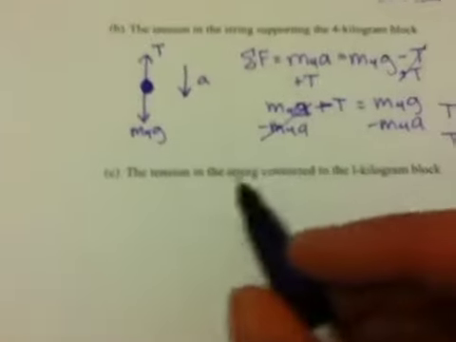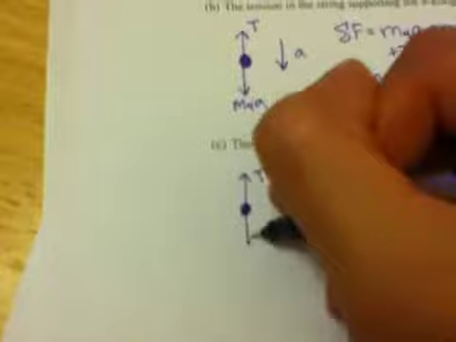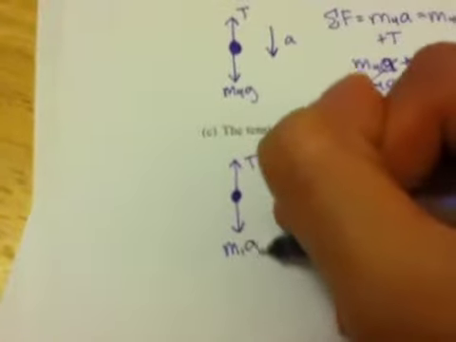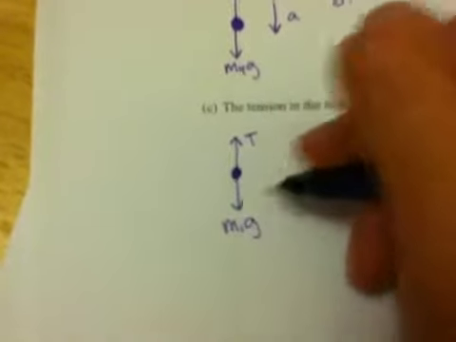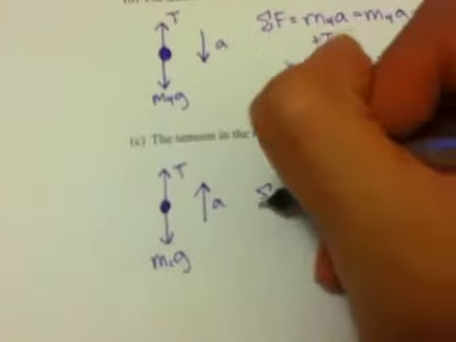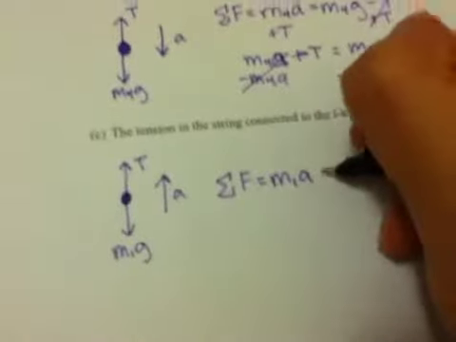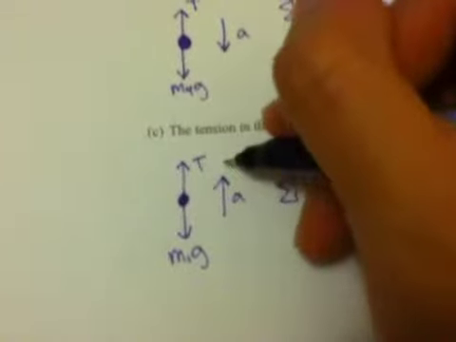Now it wants the tension in the string connected to the 1 kilogram block. So now we are only going to be looking at this 1 kilogram block. Let's draw another free body diagram. We've got tension going up, and this time that's m1g going down, because this tension right here is only due to this m1g. This time our acceleration is going to be going up. So our sum of the forces equals m1a, which equals, now this time our T is going to be positive because it's going in the same direction as our a.